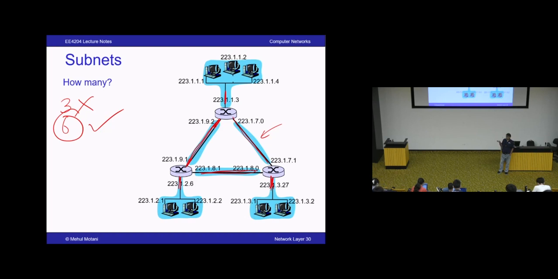And the network topology, if you're doing centralized routing, you have to know that change. If you're doing non-centralized routing, if you're doing distributed routing, perhaps you can adapt to it because it's a local thing. It's a local event. But yeah, as the topology changes, you have to keep track of it. And you could bring in things like congestion as well. Okay, good? So we understand what's a subnet.